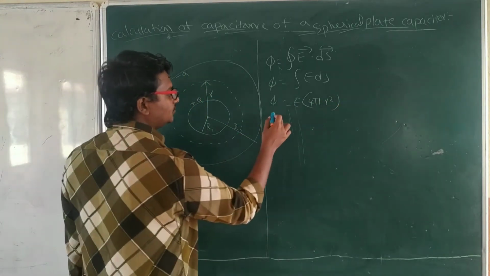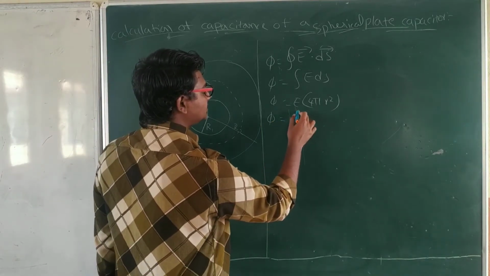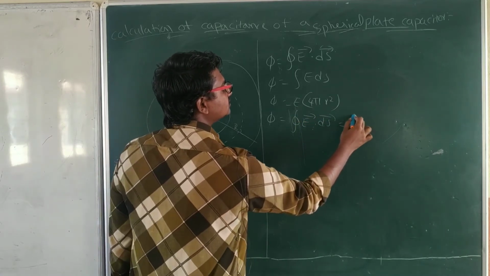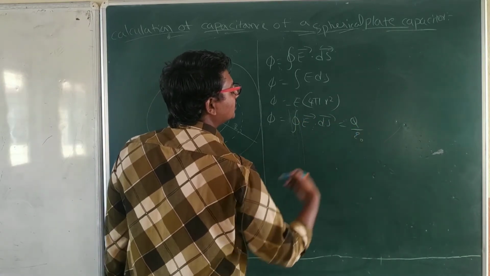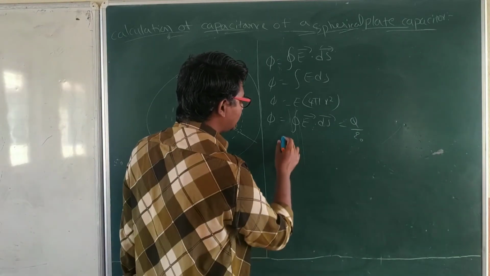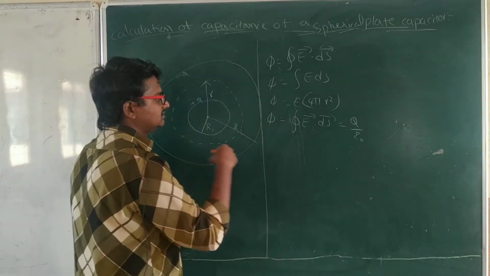But according to the Gaussian formula, phi is equal to integral E bar dot ds bar is equal to Q by epsilon naught. Q enclosed by epsilon naught. We know already this one. Then here Q means the charge which is there on this. Alright.